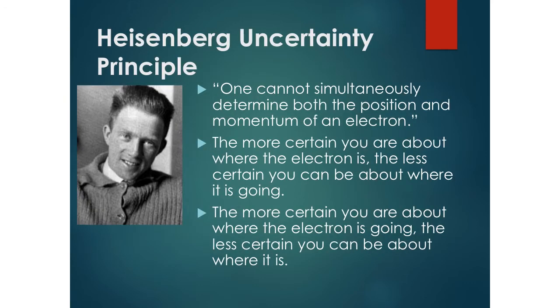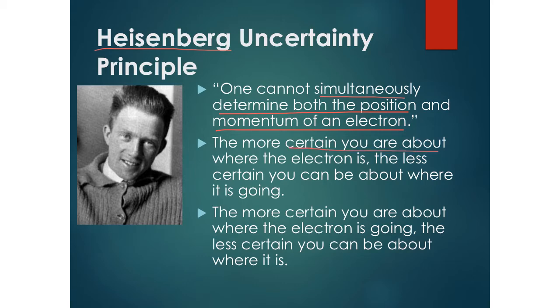Our next person we want to briefly mention is Heisenberg. If you've watched Breaking Bad, you will recognize that name. The Heisenberg uncertainty principle is that you cannot simultaneously determine both the position and the momentum of an electron. You can know one, but not the other, or it's more on a sliding scale.